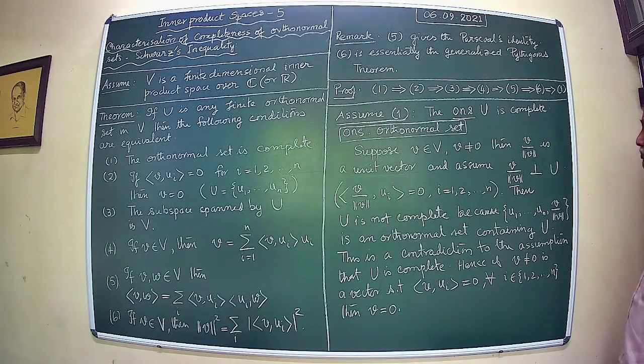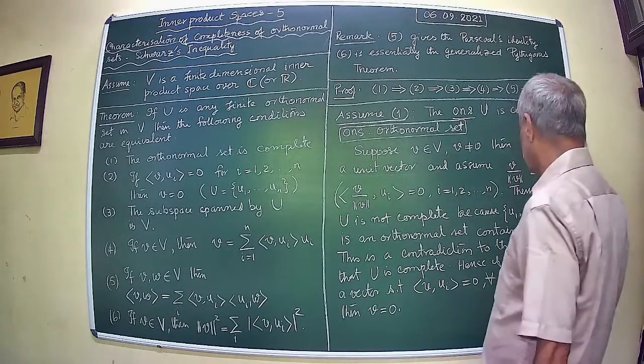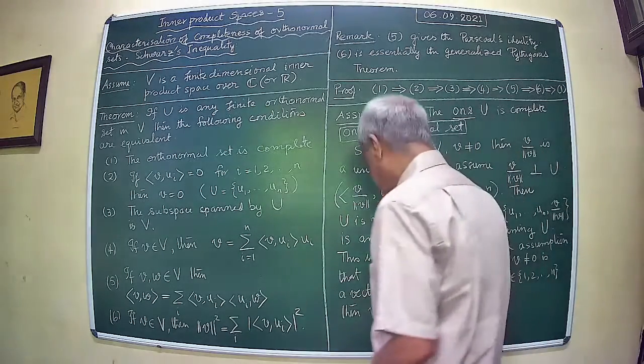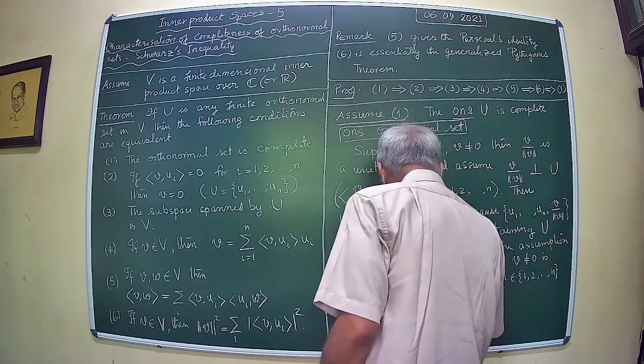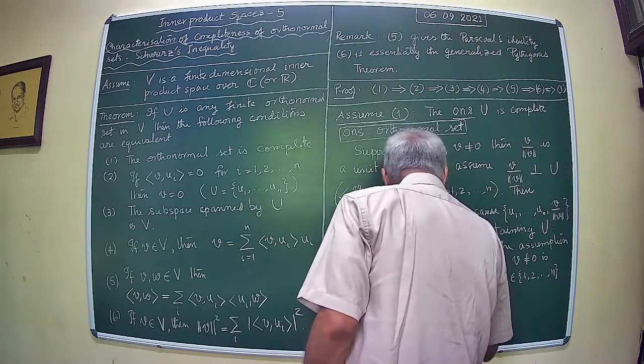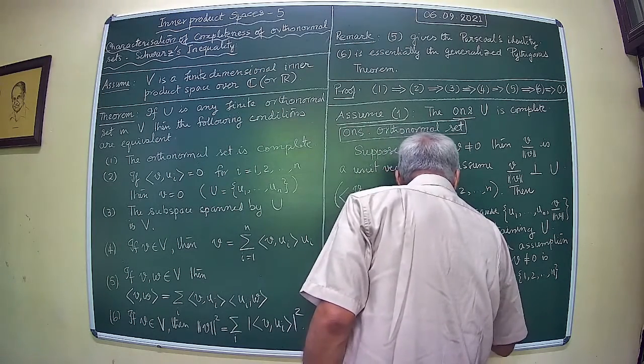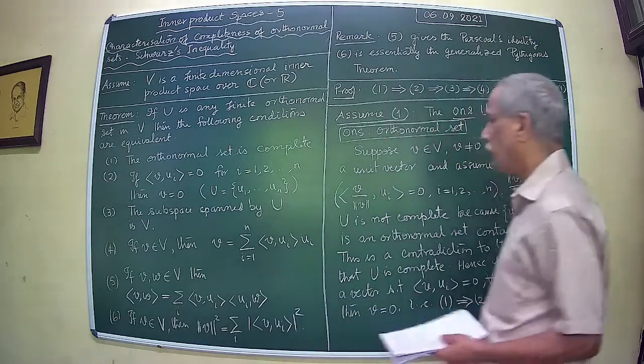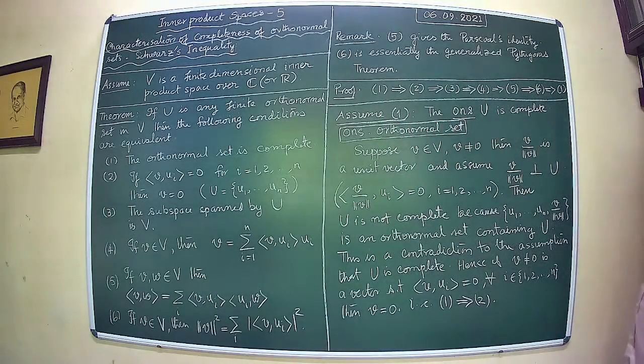Which implies, if U is complete, that is, 1 implies 2. So that completes the proof of the statement 1 implies 2.